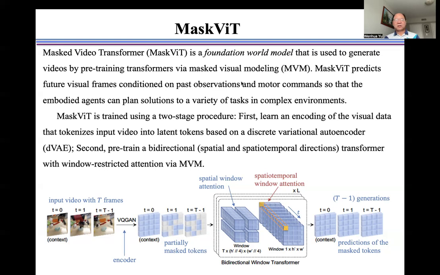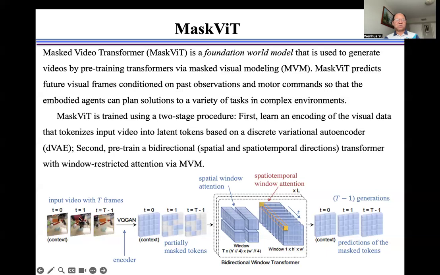MaskViT is trained using a two-stage procedure. First, the encoding of the visual data that tokenizes input video into latent tokens based on a discrete variational autoencoder. Second, pre-train a bidirectional transformer with window-restricted attention via MVM, as shown here.